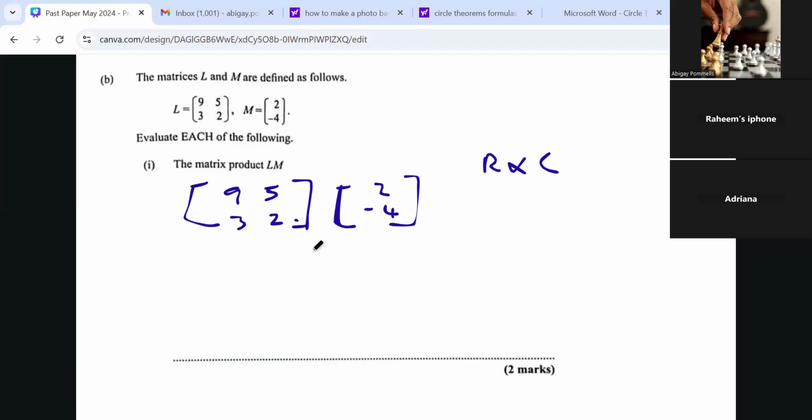The first row times the column: 9 times 2 plus 5 times negative 4.